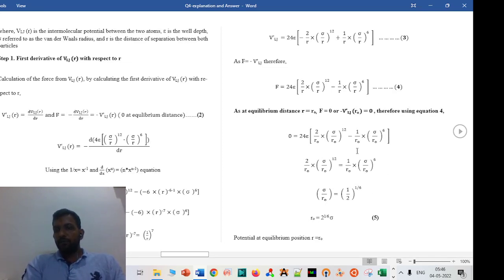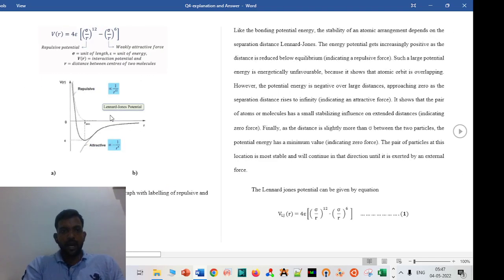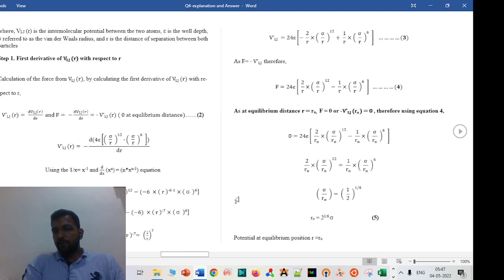Using this equation and putting in 0, you get r0 equal to 2 to the power 1/6 times sigma. As I already told you, sigma is the van der Waals radius. Sometimes r0, or r minimum, is represented in terms of sigma, so it is 2 to the power 1/6 of sigma.